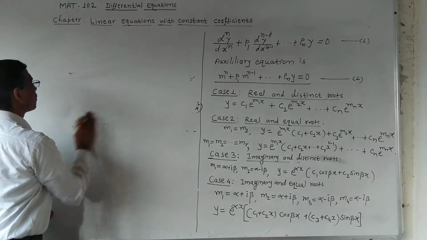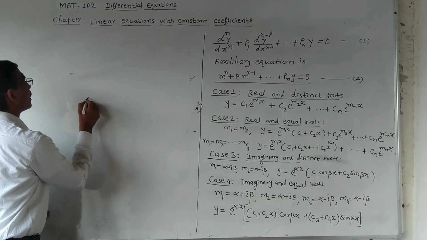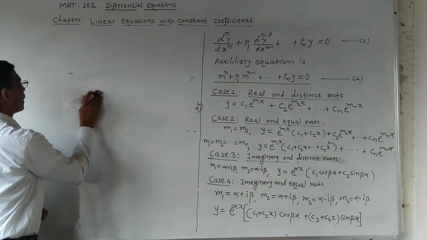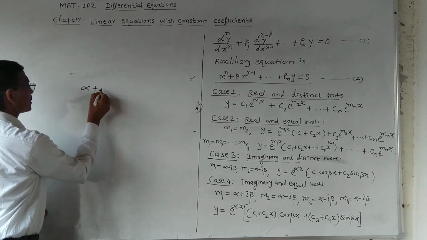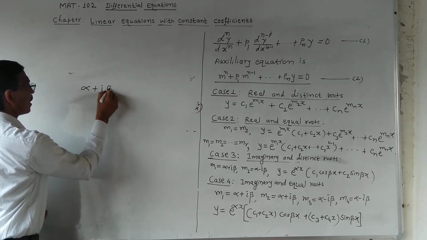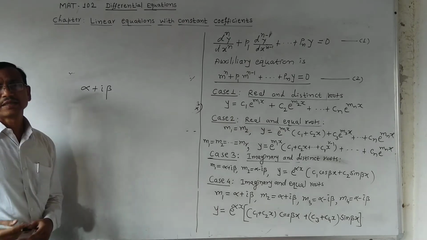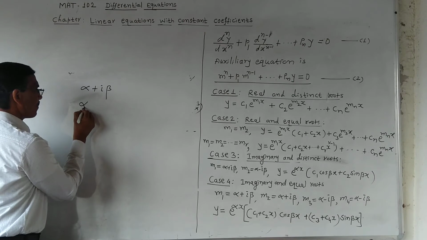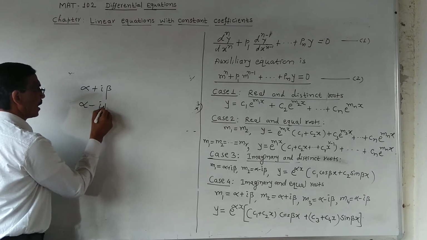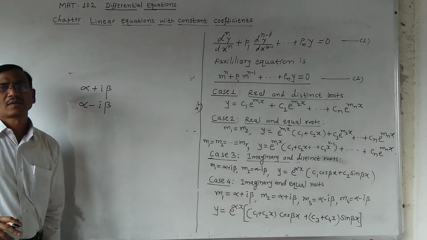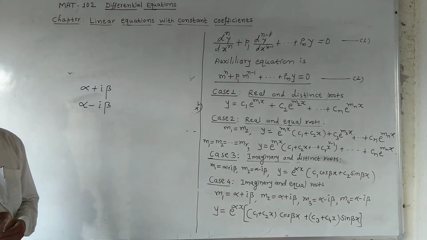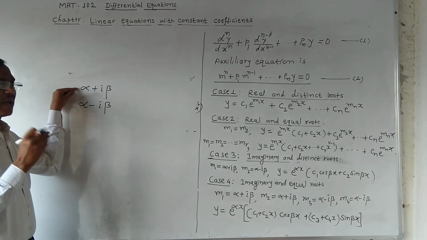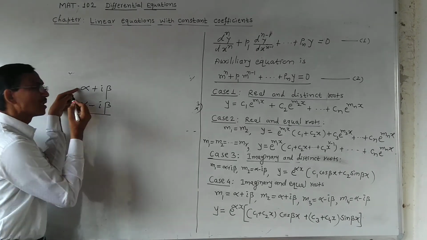That means, suppose alpha plus i beta is one root. Clearly, the other root also appears there, alpha minus i beta. Imaginary roots appear in pairs, meaning an imaginary root and its complex conjugate.